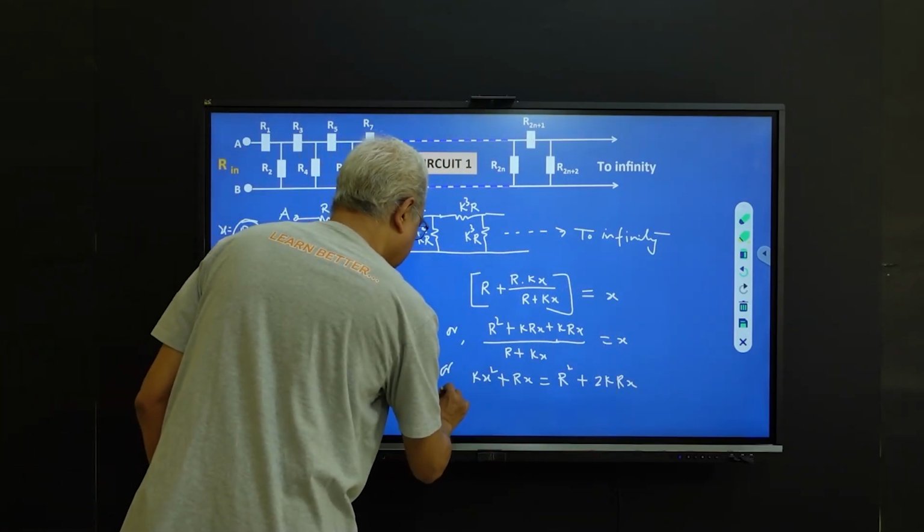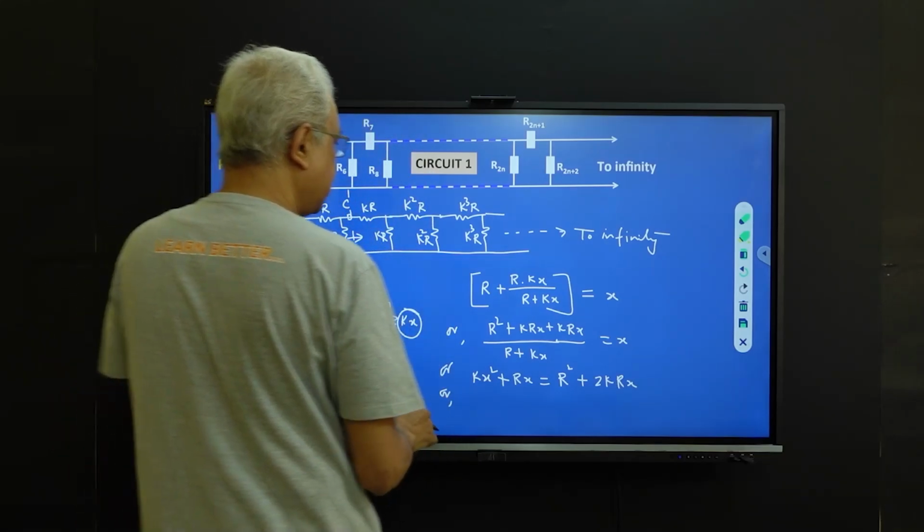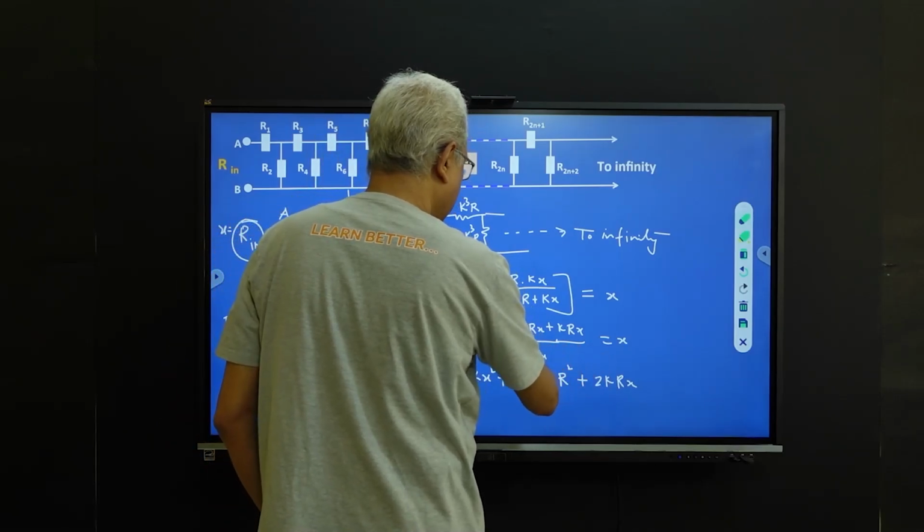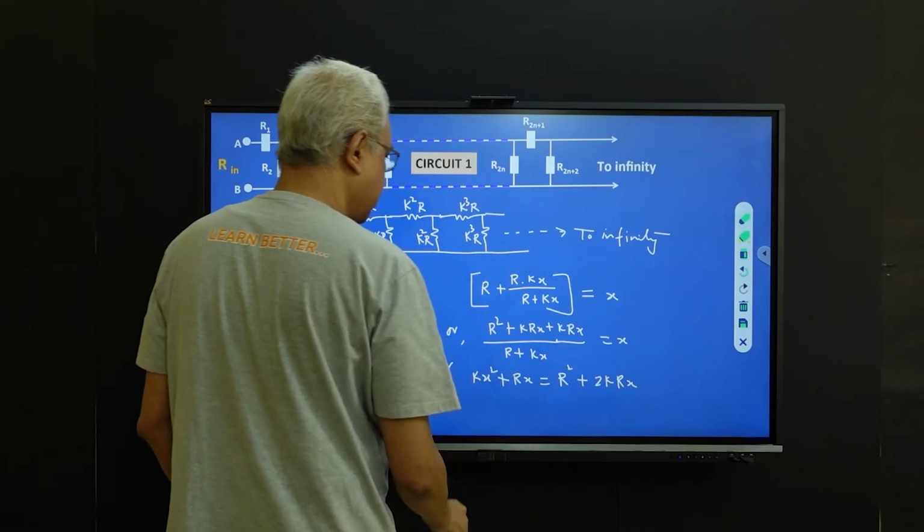So this is R squared plus 2KRx, and this is R plus Kx.